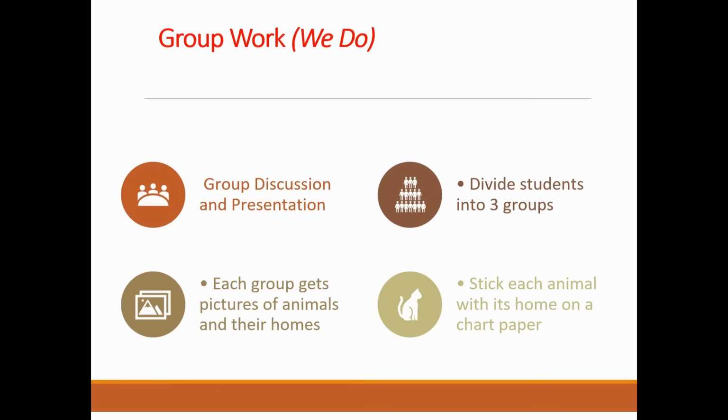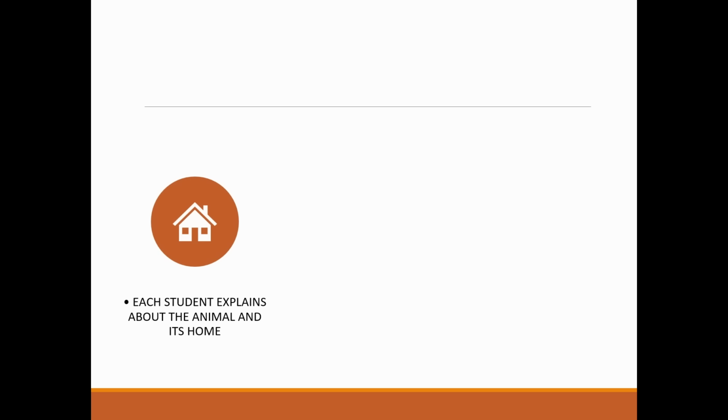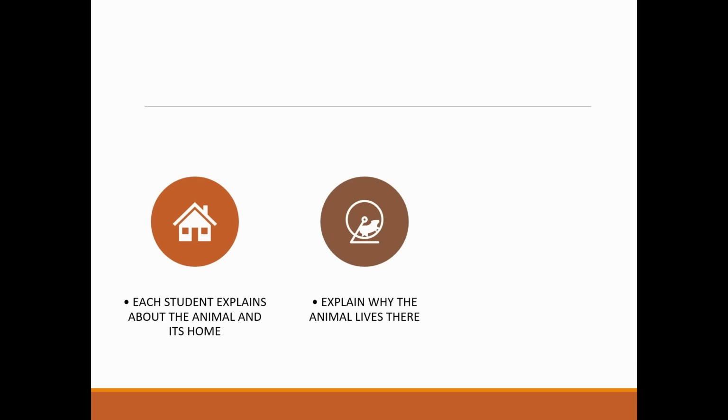After that, each student explains about the animal and its home. Then, explain why the animal lives there, and also display group charts on the wall. Like this, group work will be done.